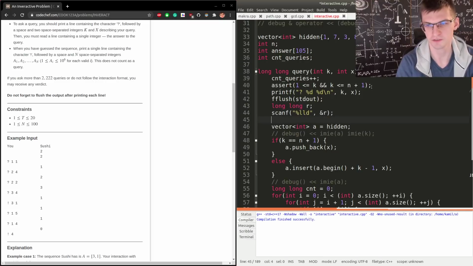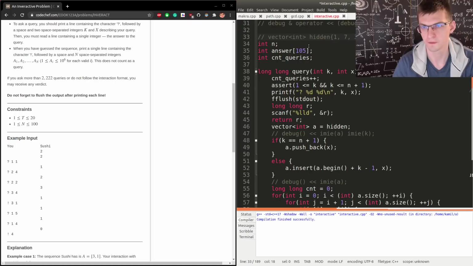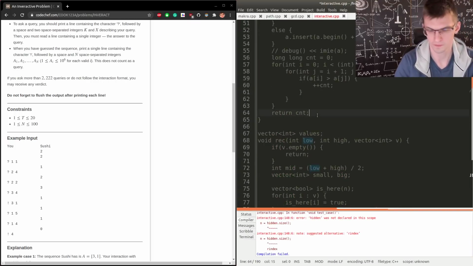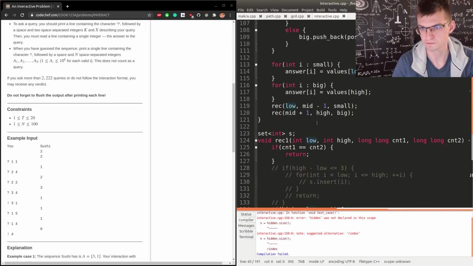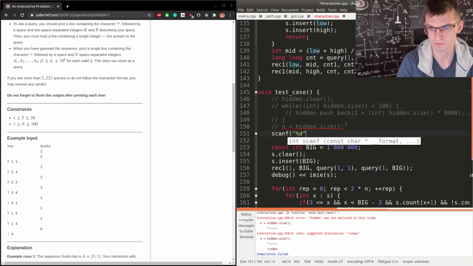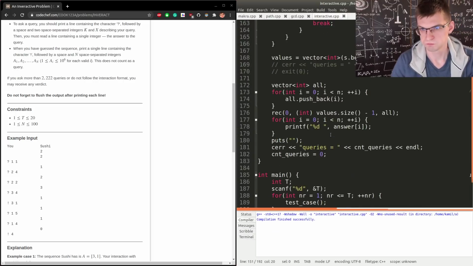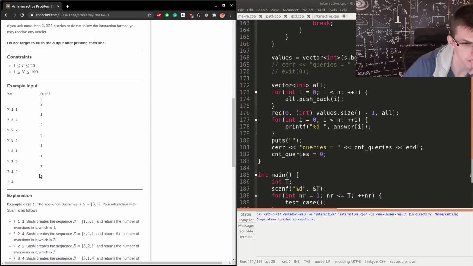Oh, because n is very small, I don't need to use long longs. At the end, I should write exclamation mark.